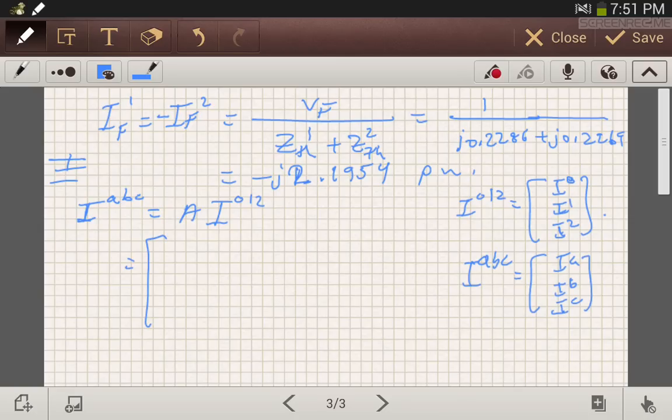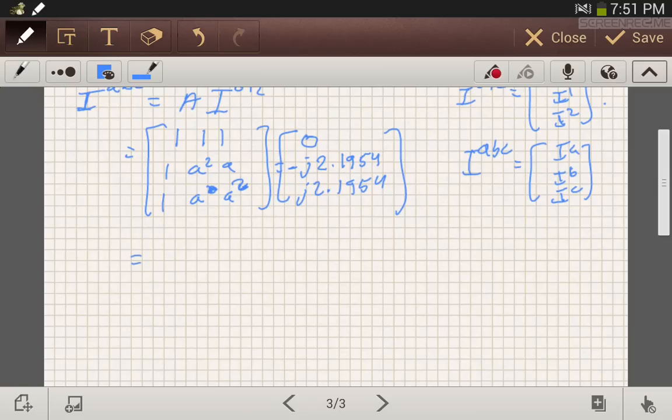So this will equal the matrix 1, 1, 1, 1 A square A, then 1 A A square, multiplied by I0, which is 0 in a line-to-line fault, I1, which is negative J2.1954, and I2, which is J2.1954.